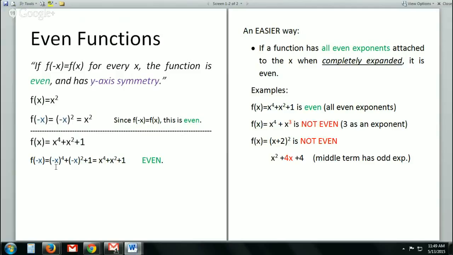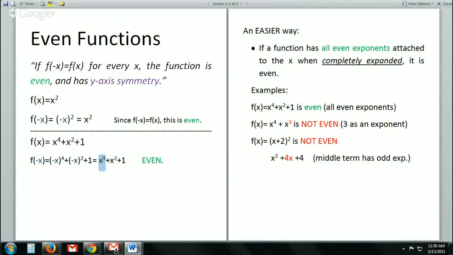As we do this arithmetic, anytime you've got an even exponent, that makes the stuff you've multiplied together end up being a positive result. So negative x raised to the fourth power is x to the fourth. Negative x squared, also an even exponent, is positive x squared. Then the plus 1 stayed as it was since there wasn't a variable as part of it.